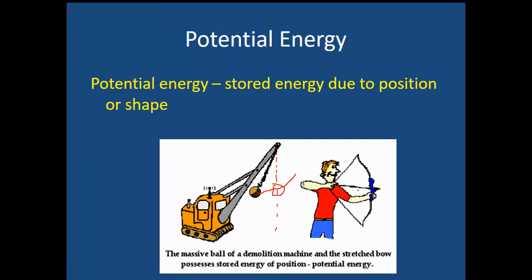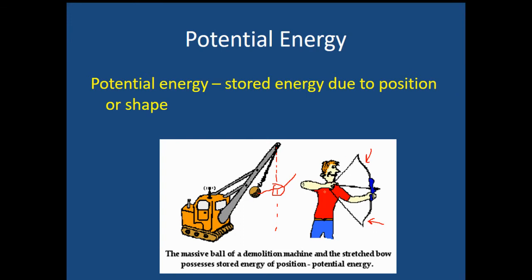Now, a bow is another example of something with potential energy. And this one is due to its shape and its position. So when you draw back a bow, you are bending the arms of the bow. This is storing up energy in the limbs of the bow as it's bent back, because the limbs want to return to where they normally are.